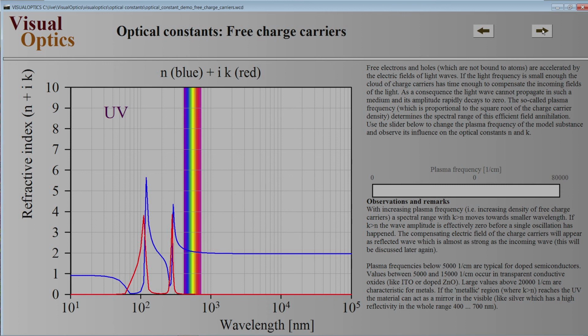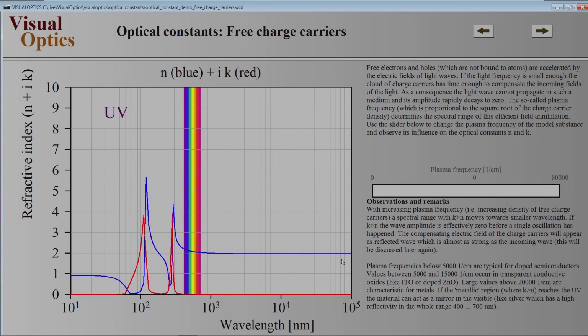And if you shine light with low frequencies, usually high wavelengths, then you can accelerate those free charge carriers so they start to move in one direction. When the light wave passes through, the electric field reverses its direction. That means the free charges are decelerated, they slow down, and then they start to move in the opposite direction once the electric field has changed its direction.